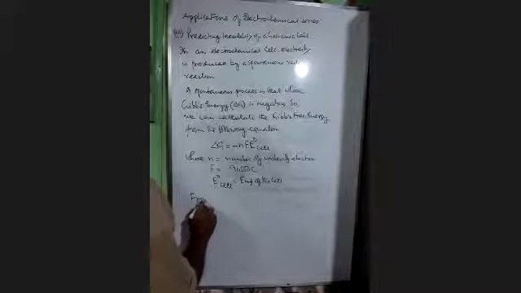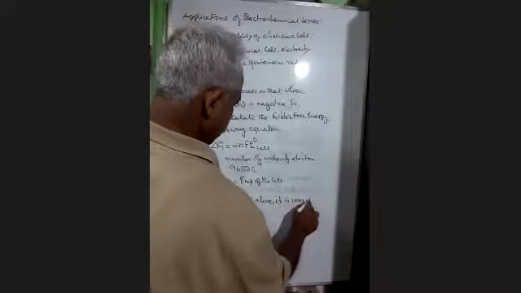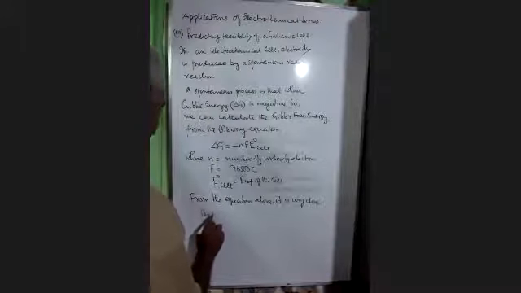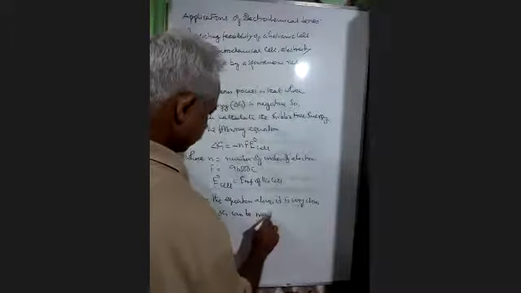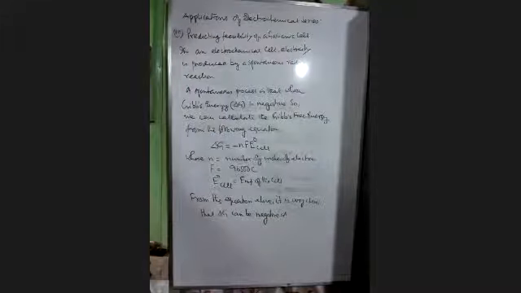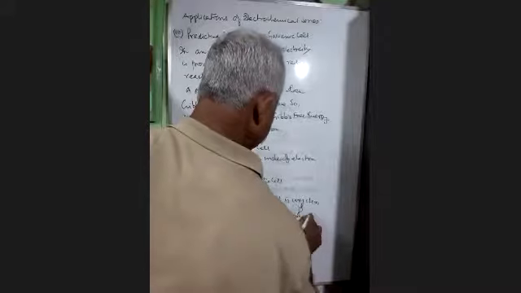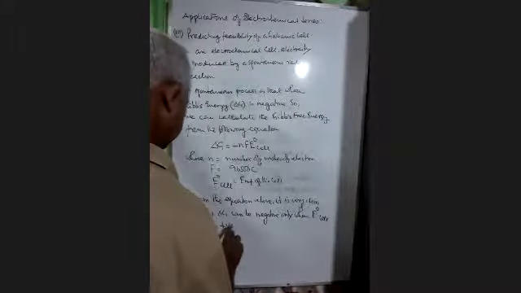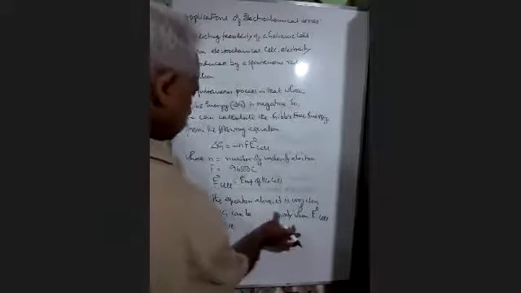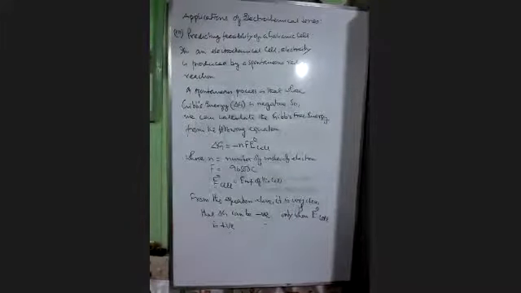From the equation above, it is very clear that delta G can be negative only when E0 cell is positive. So I'll show you now.